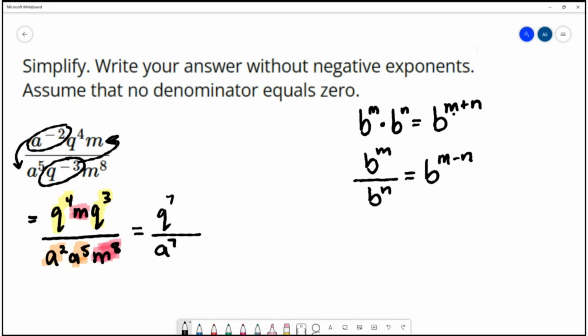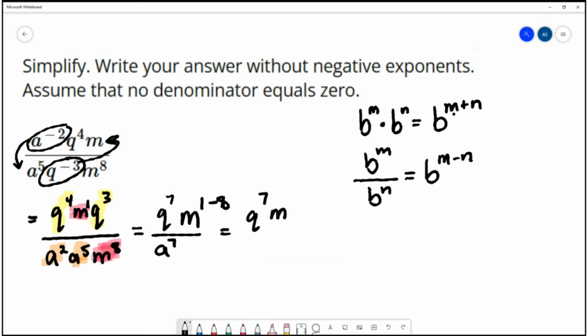So if I combine m to the 1st power with the m to the 8th, I do so by subtracting those exponents. We do 1 minus 8, and that's a -7.